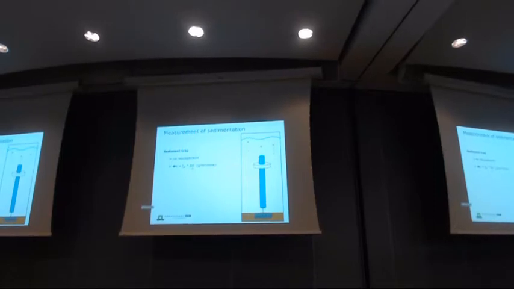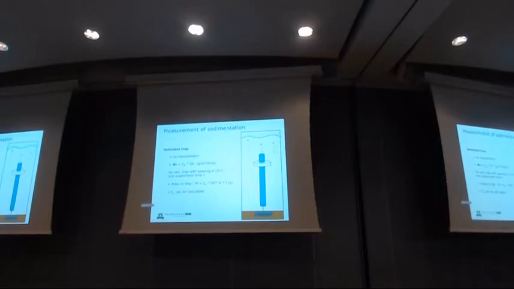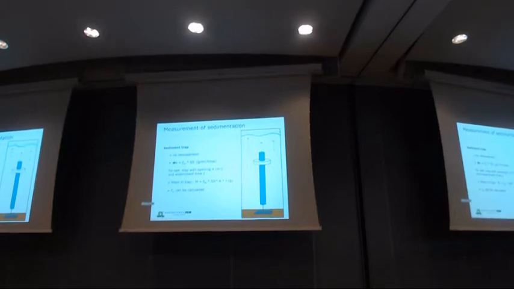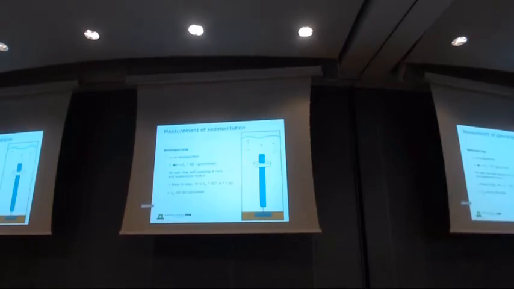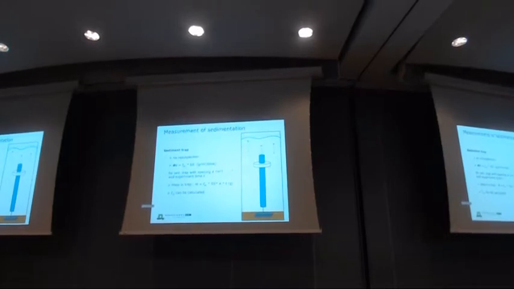So there's no resuspension, so the settling flux will be the settling velocity times the concentration. We already saw this. If you put it for a certain time, with an opening A, you can easily derive that the total mass that you will find at the bottom of the sedimentation trap will be the total flux, but it's in gram per square meter per time.